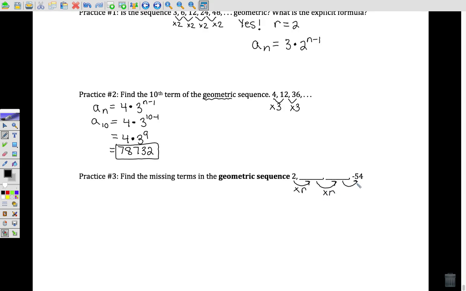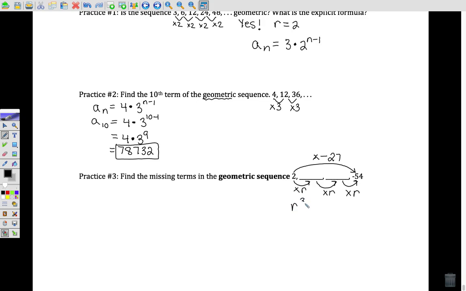From the third to negative 54, I multiplied by r. Now just to get from 2 to negative 54, I could have multiplied by negative 27. So that means when I take 2, multiply it by r, by r, by r, I get negative 54, which has to be the same as multiplying it by negative 27.